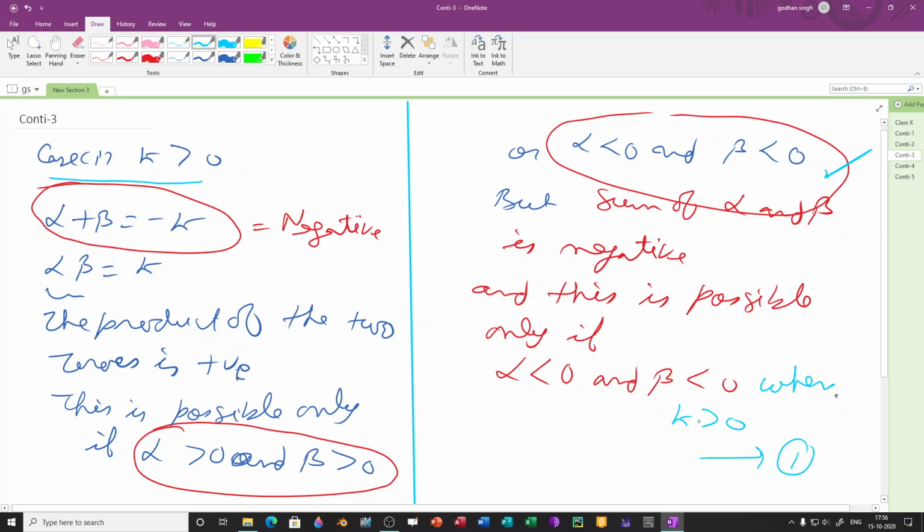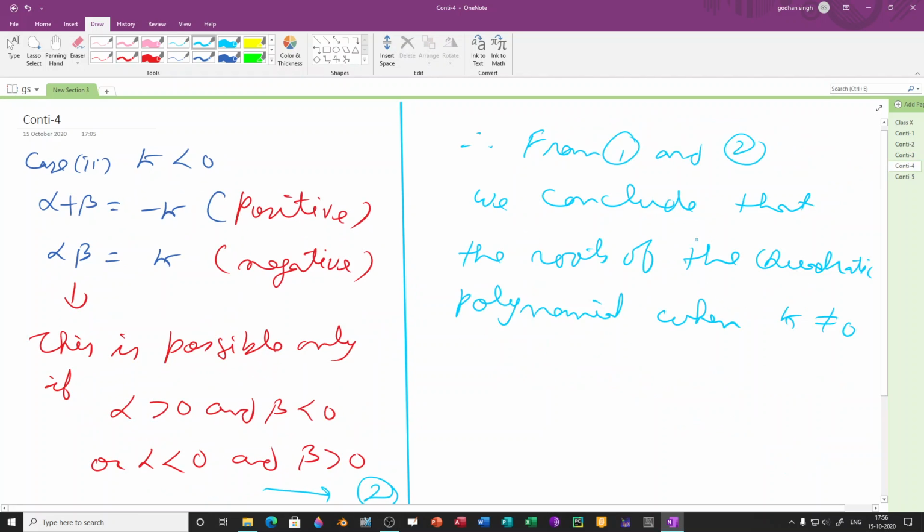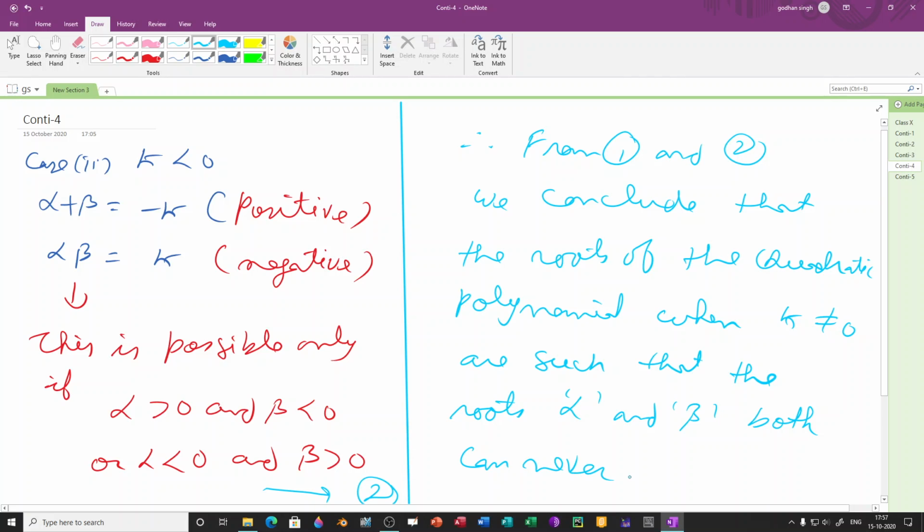So that means it is never true that both the roots will be positive. So from 1 and 2 we conclude that the roots alpha and beta can never both be positive.